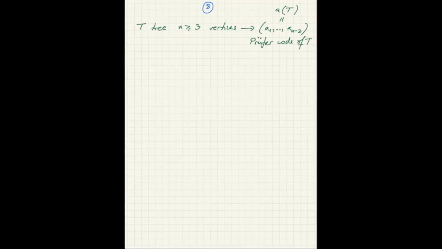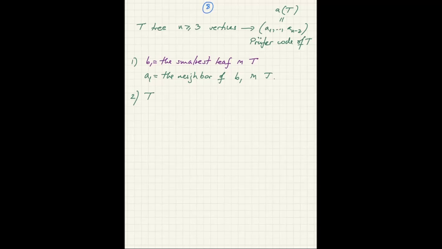Okay, and again, it's in steps. So like I said before, b1 is the smallest leaf in t, and you can define a1 to be the neighbor of b1 in t. And then at step 2, we get rid of b1. So we need another tree.